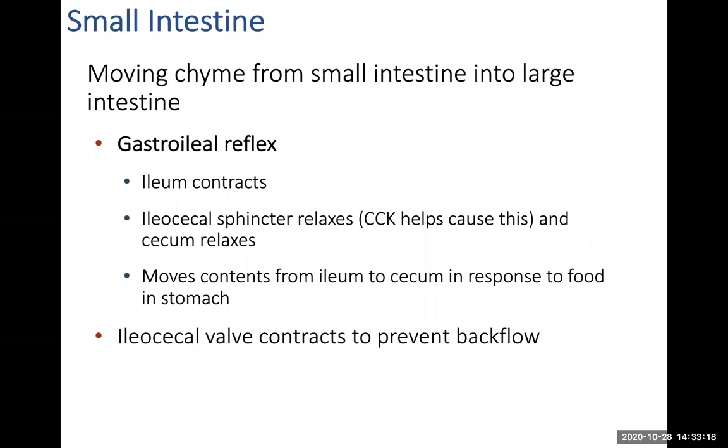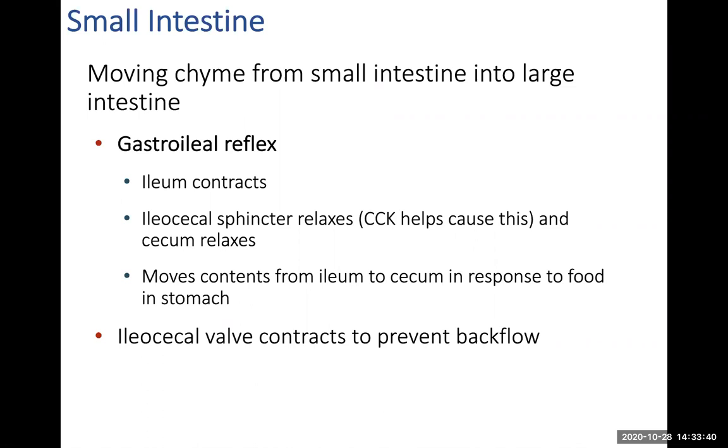Okay, and then one last reflex I want to discuss. We have what's called the gastroileal reflex. This is the reflex that essentially allows the contents of the small intestine, it's no longer called chyme, after they have made their way through the ileum, to move into the first portion of the large intestine, which is called the cecum.